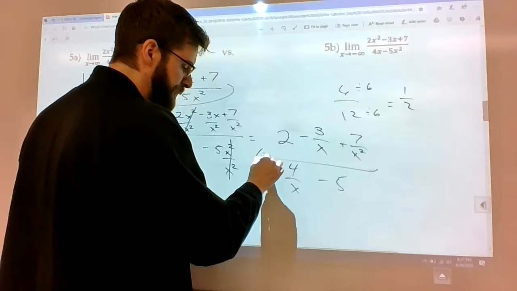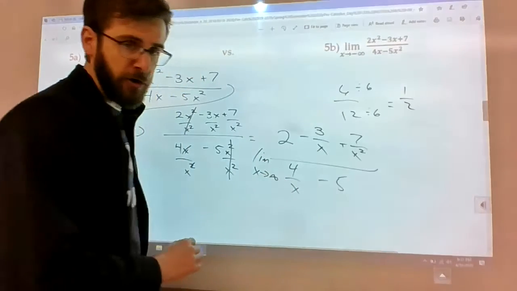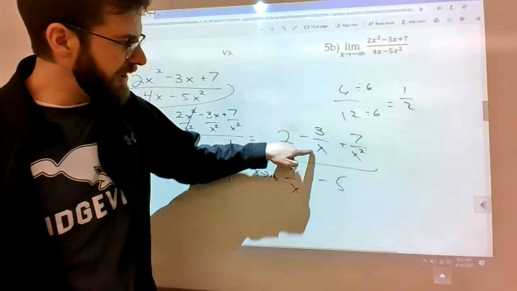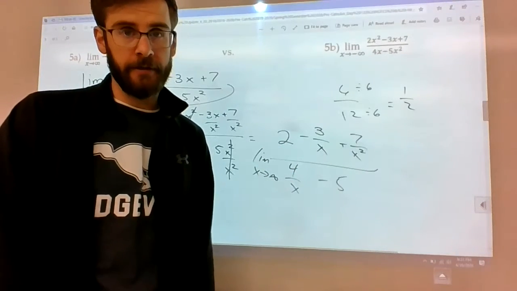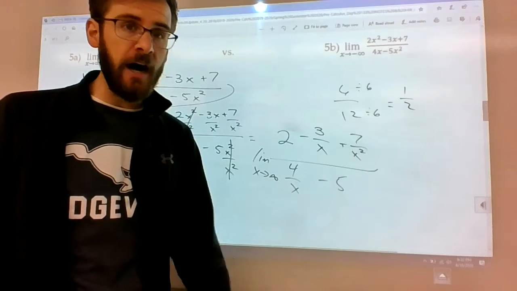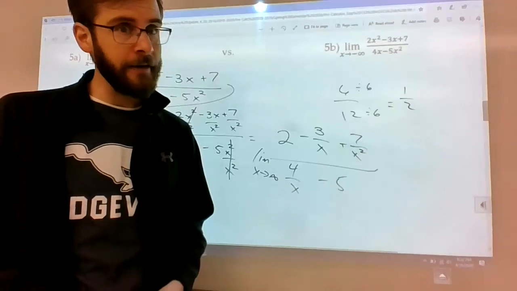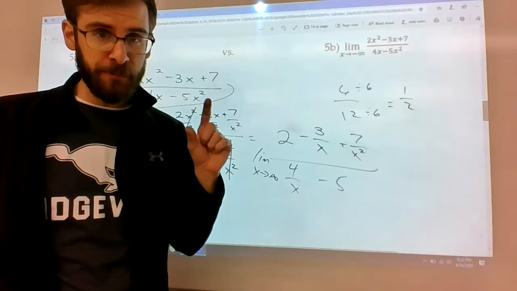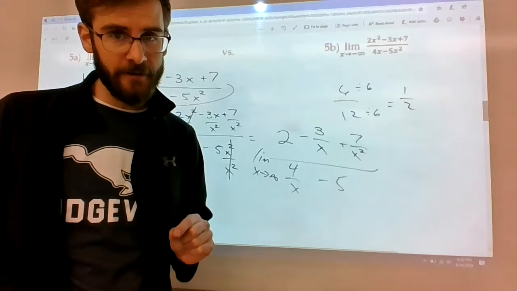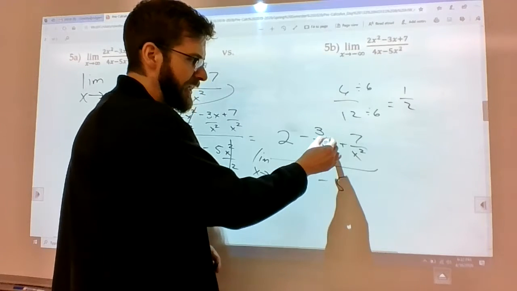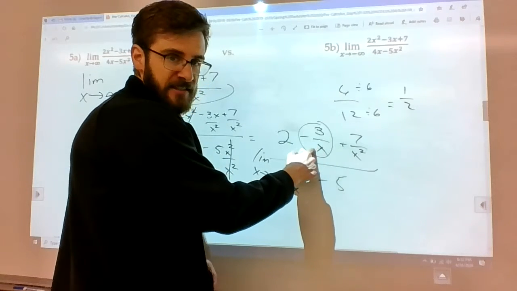Now, when the limit as x approaches infinity occurs with something like this, I mean, what happens if you take 3 divided by a billion? It's like, if I had $3 and divided amongst a billion people, how much does each person get? Not very much. In fact, the value keeps approaching 0 the more people you add. So, when you actually approximate the limit here, this part zeroes out.